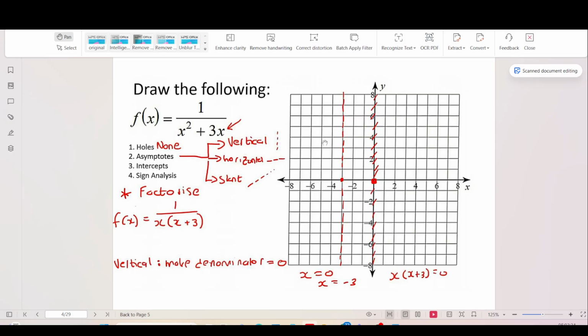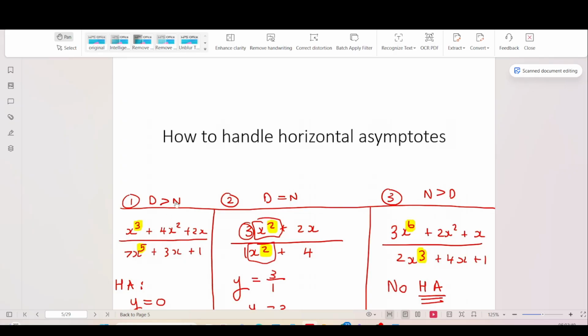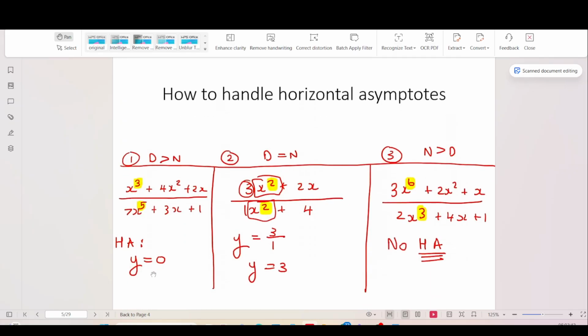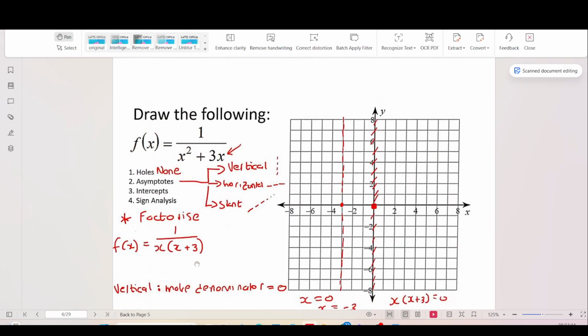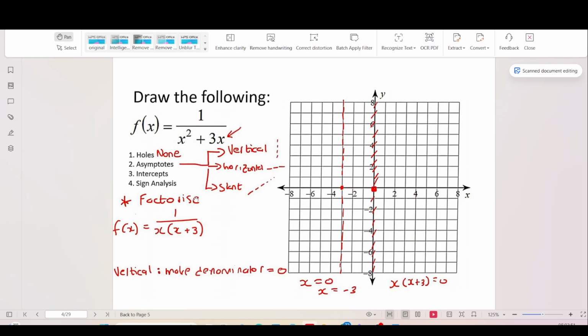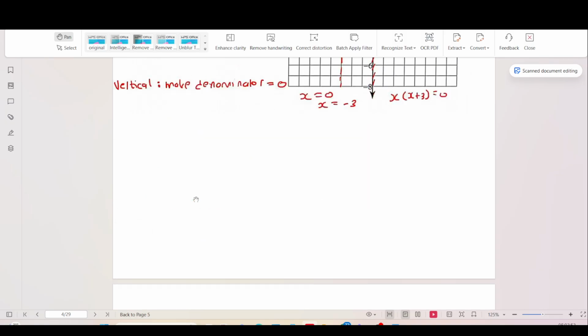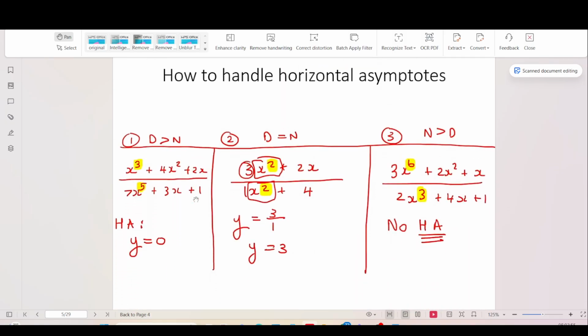In this case, as you can see, the denominator is greater than the numerator, so y equals 0 is the horizontal asymptote. Okay, so horizontal asymptote is, I don't know, none.